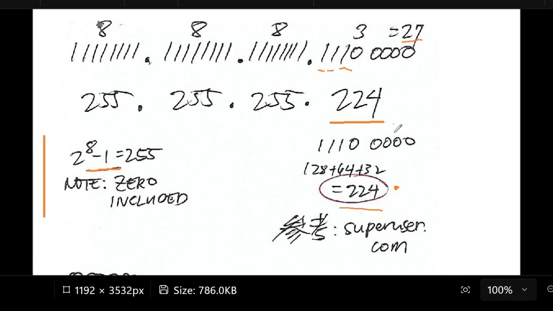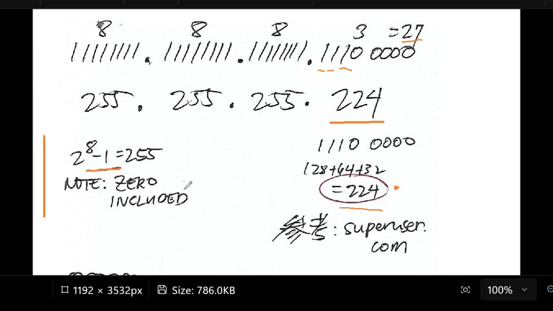Why not make it 224 minus 1, which is 223? I'm thinking that it's because we already did a minus 1 to get 255. Okay? And therefore, because we already did a minus 1 there, we don't need to change this to 223.